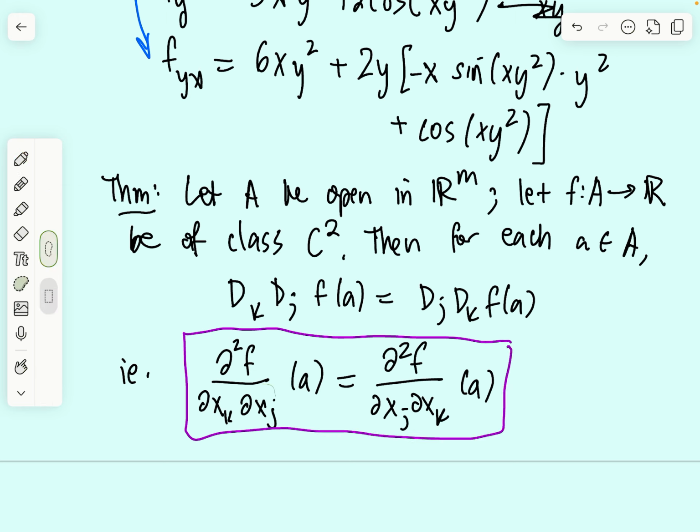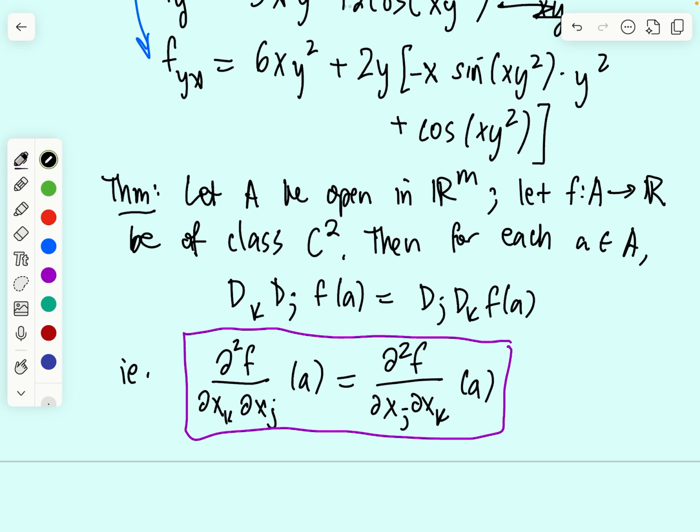The only difference is the order in which you take the partial derivatives. Okay. And again, notice that we just required that the second order and the first order partial derivatives be continuous. We don't care about the third order partial derivatives, and that kind of makes sense because the statement is only about second order partial derivatives.